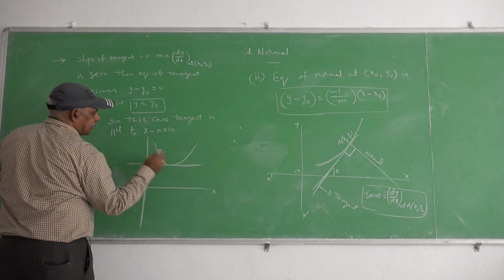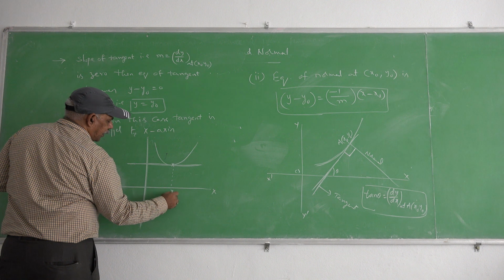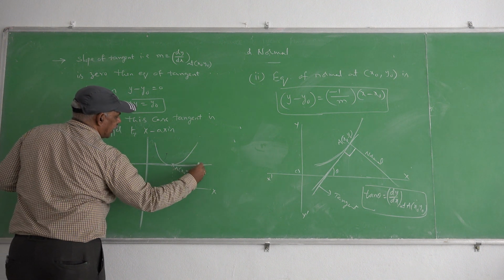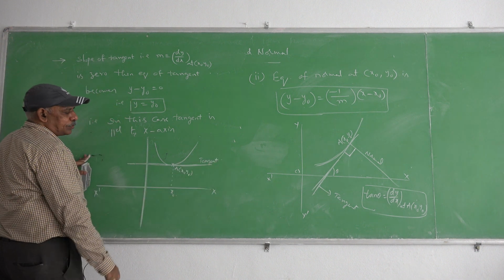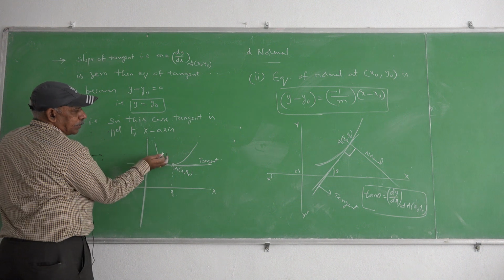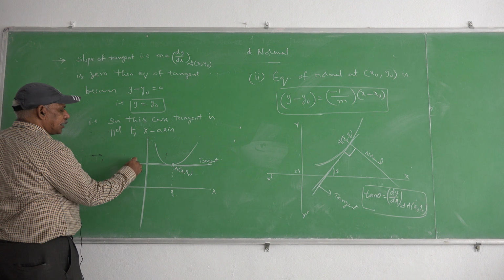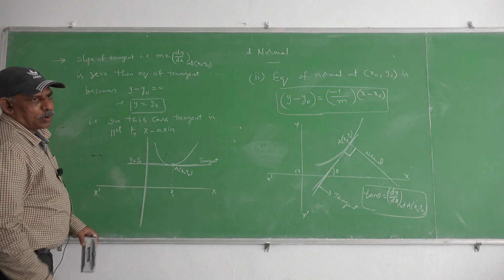This is our tangent at the point x naught, y naught, for which the slope is 0. Hence, it is parallel to x-axis, whose equation is given by y equal to y naught.